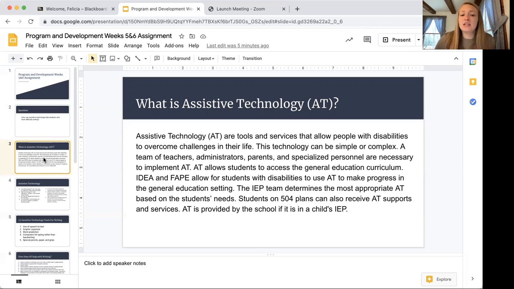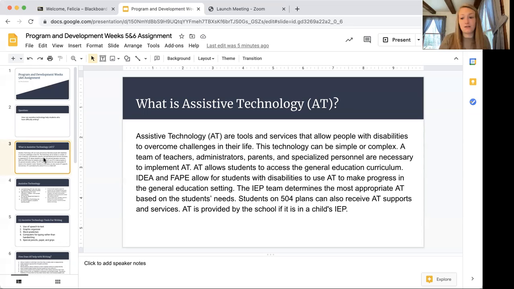Typically, the IEP team determines what assistive technology would be beneficial for the student. So the team would determine, yes, the student needs assistive technology and what that would look like. Assistive technology is legally bound by IDEA and FAPE, because AT allows students to make progress within the classroom.